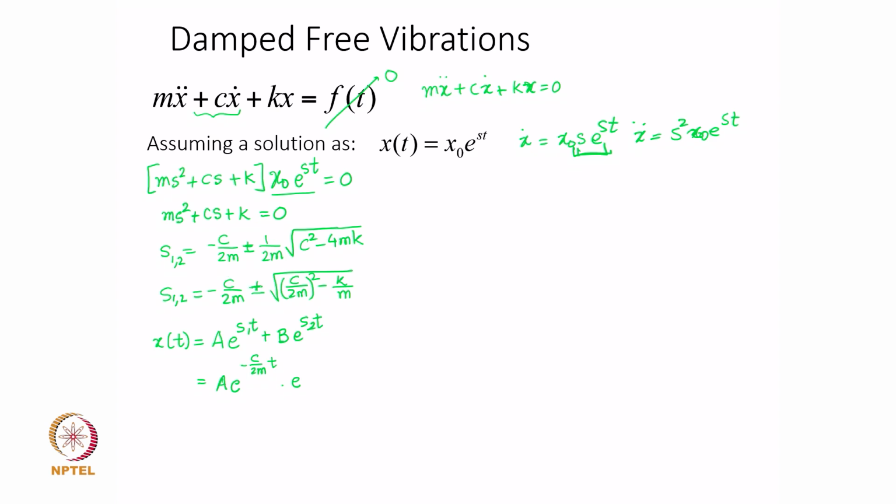So, if I take S 1 to be this plus sign, then I have square root of c over 2 m squared minus k over m, t, and then similarly I will have an expression for b. It looks a little involved, but will definitely give a lot of good insights.